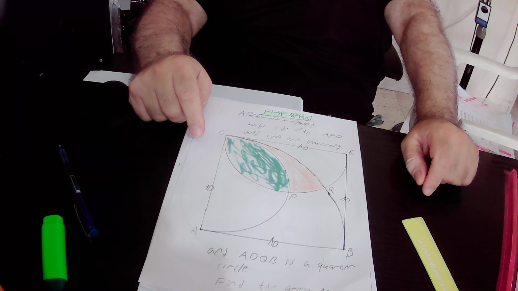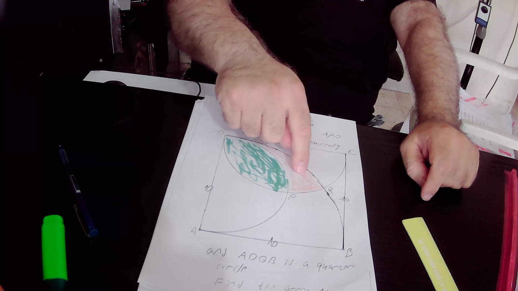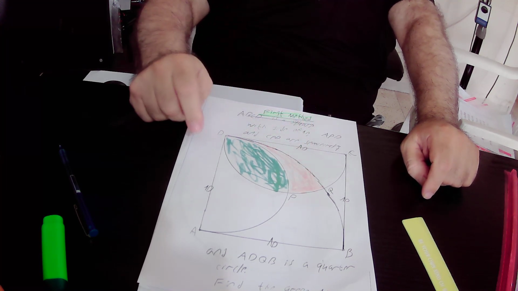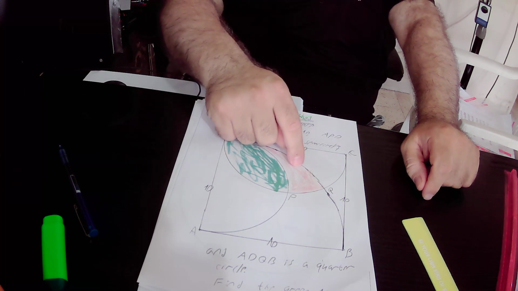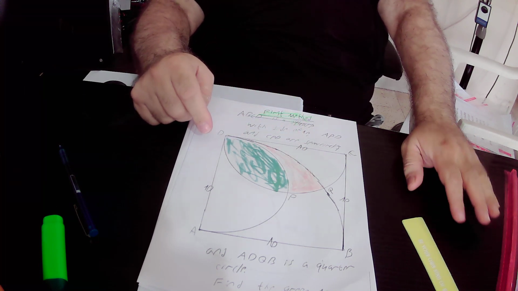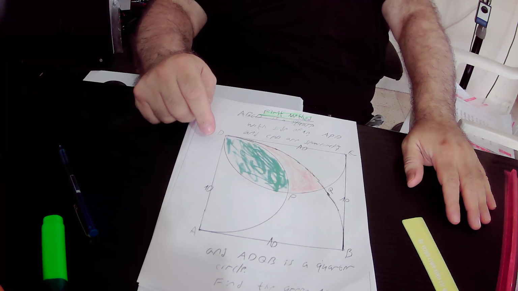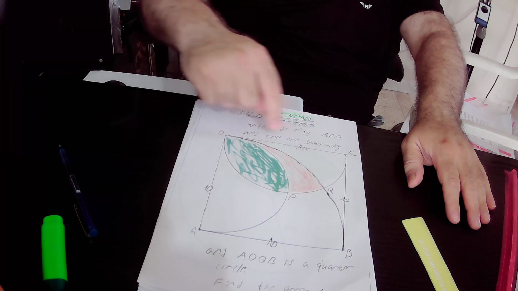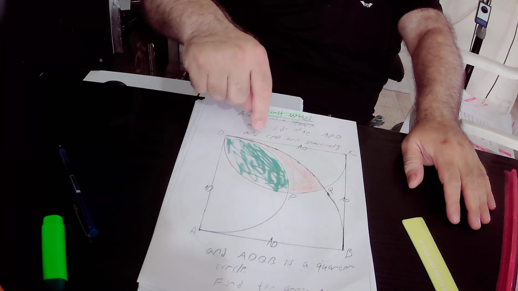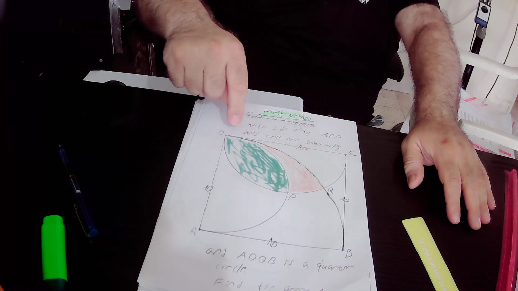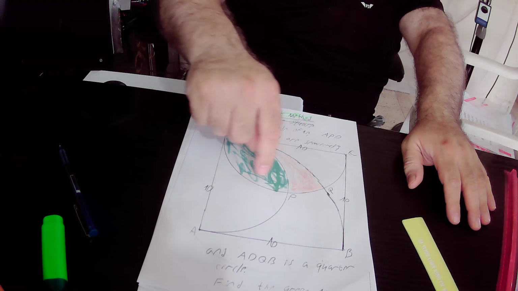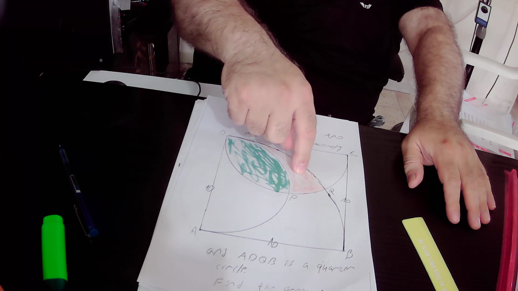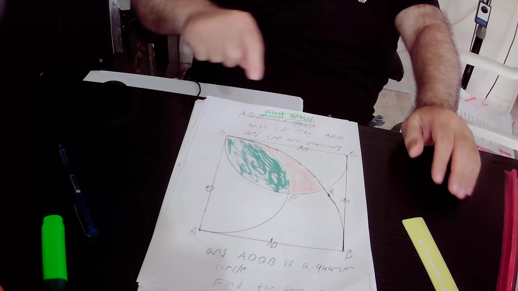Okay, and our mission is to find out the orange area. Actually, we can get the orange area by the subtraction of the big lens minus the blue lens, which gives us exactly the orange shape. So I'll write it down.